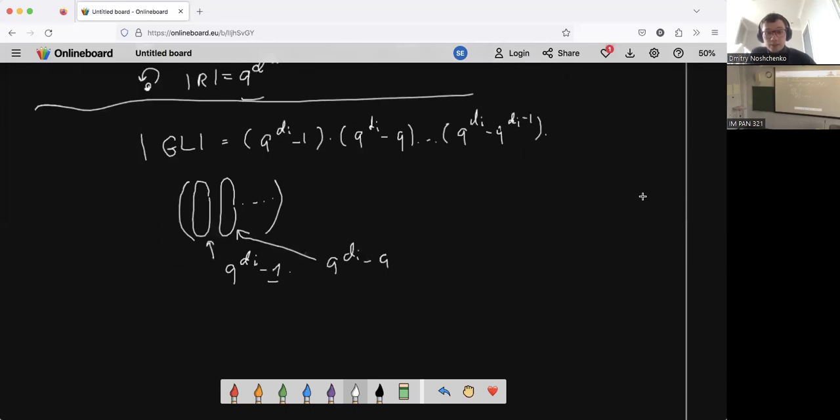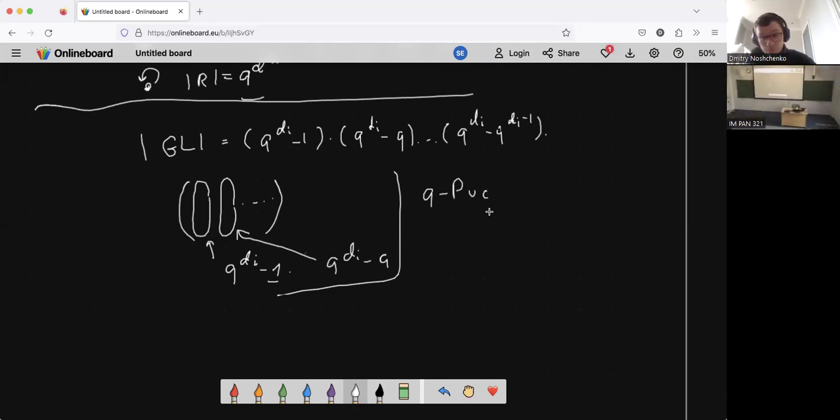And now we can also rewrite it in a slightly different way. We can introduce the q-Pochhammer symbol.